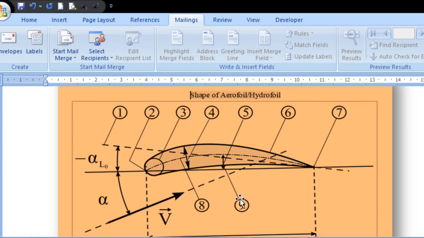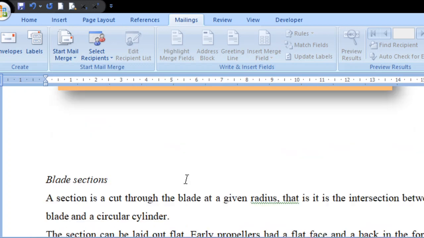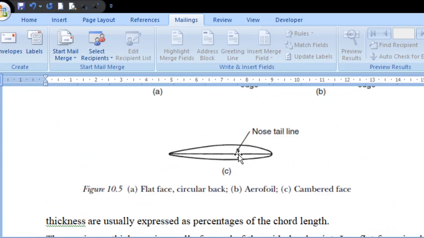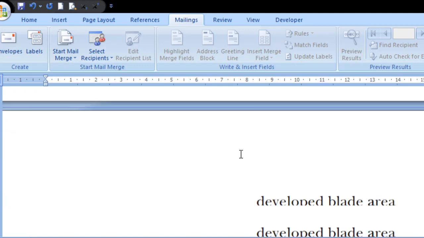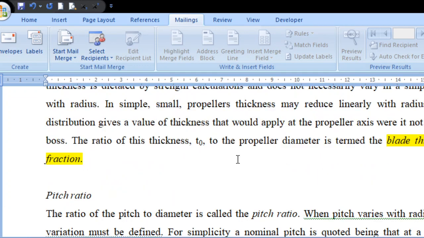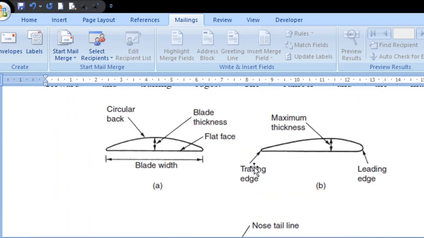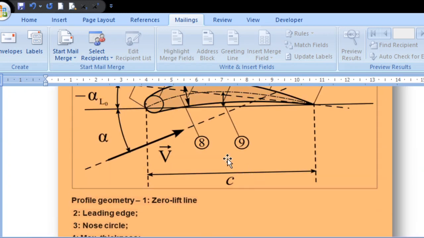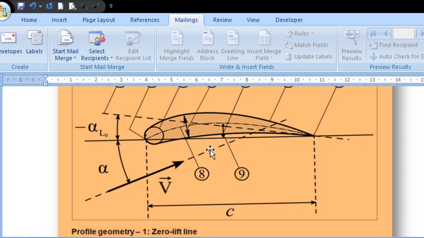What is camber? See, aerofoil shape need not always be in this particular fashion. It can be uniform, like this is quite uniform, or symmetrical shape, or it can be asymmetrical as well. So for propeller blades, we normally draw non-symmetrical blades.